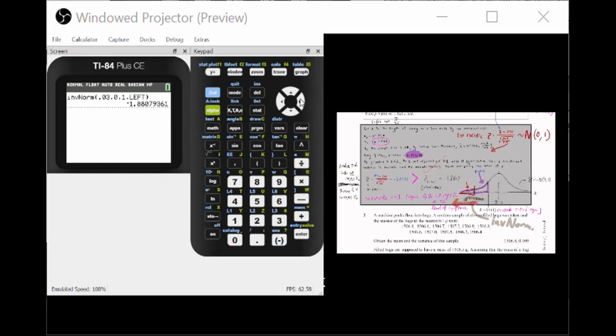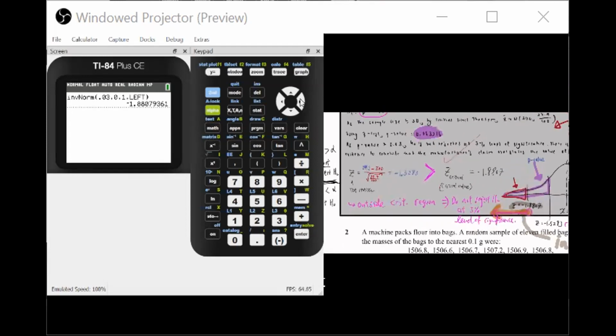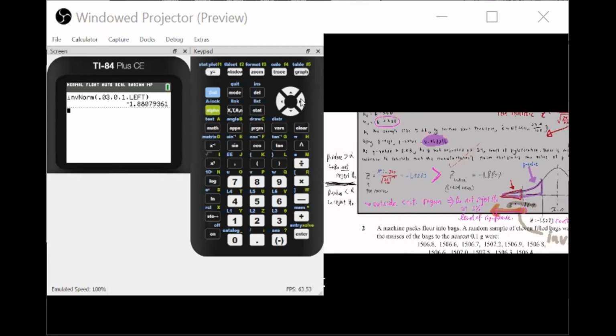Not a more formal name for it. I'm not sure how to label, because there's the Z critical and the critical. Z critical is the critical value. They are interchangeable. This is the name only. There are only two names, Z critical or the critical value, a number, equals this value you obtain from inverse norm.